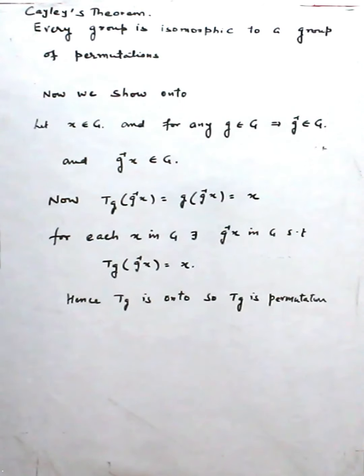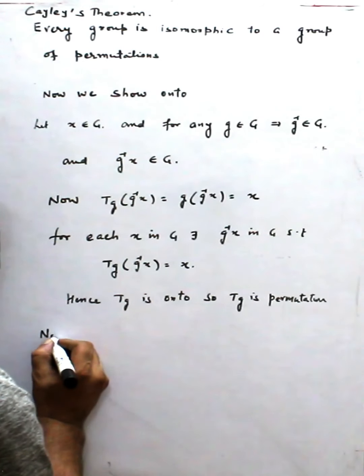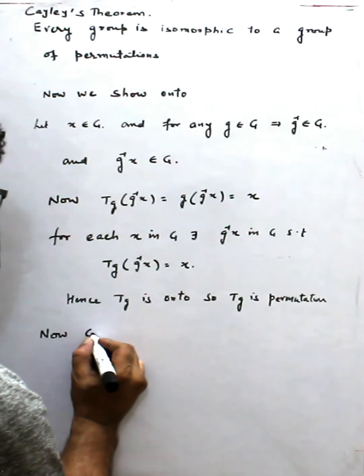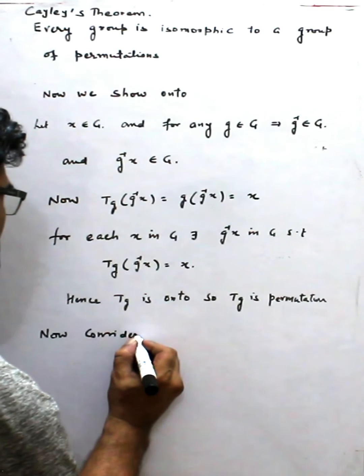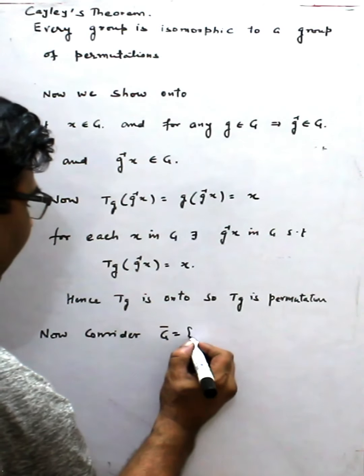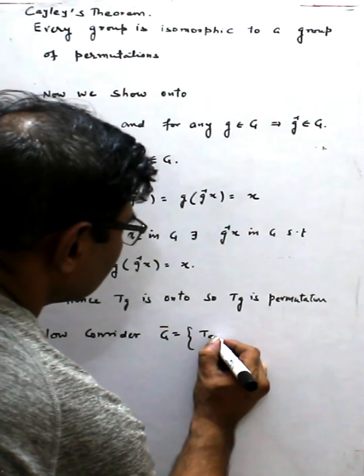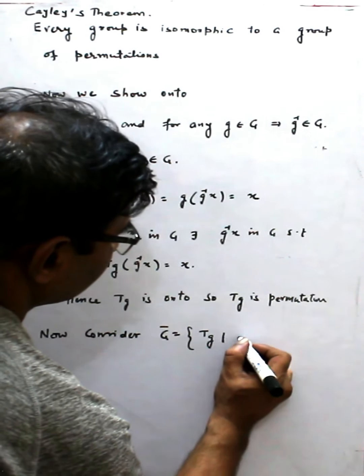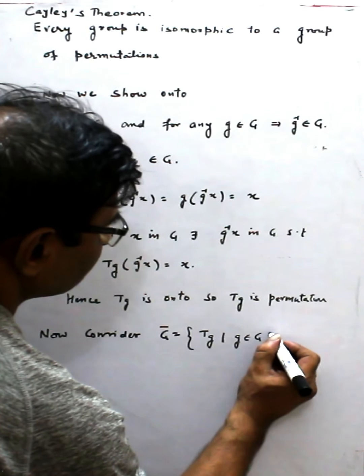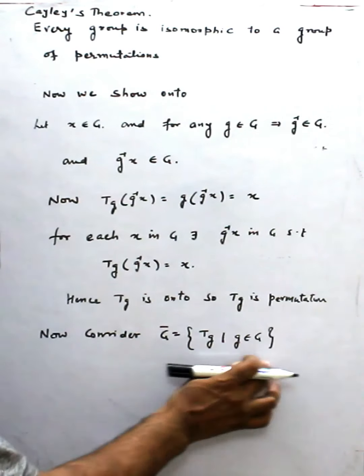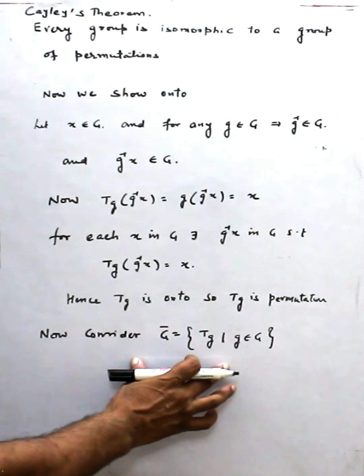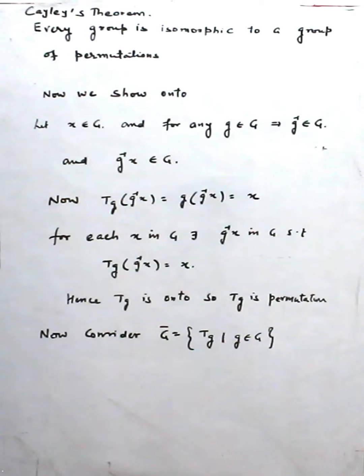Now consider G bar, which has these permutations Tg, where g belongs to G. First we show that this is a group.